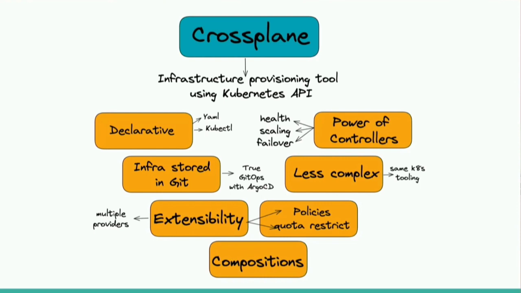Then it uses the power of controllers. Kubernetes's main power is the controllers that it has, the control loops, the reconciliation loops. You have the deployment controller, the replica set controller, like you specify, I need 3 replicas of my application, and Kubernetes will make sure that your 3 replicas are always running. Similarly, Crossplane will take care of the drift detection that Saloni was mentioning for your infrastructure as well.